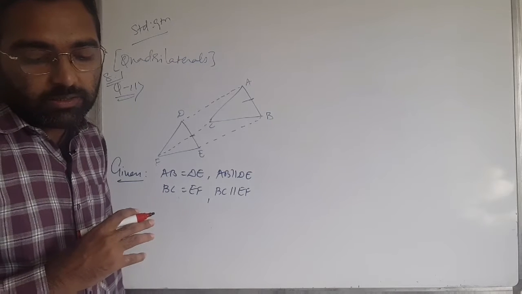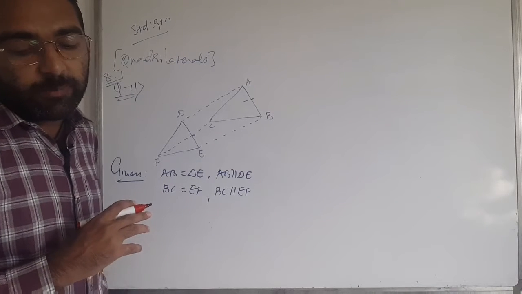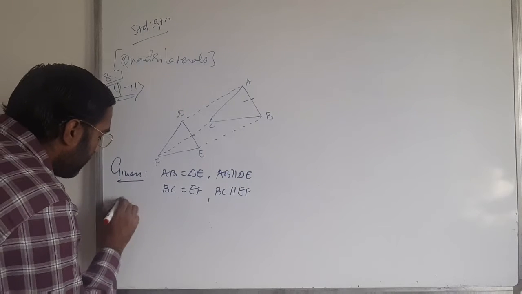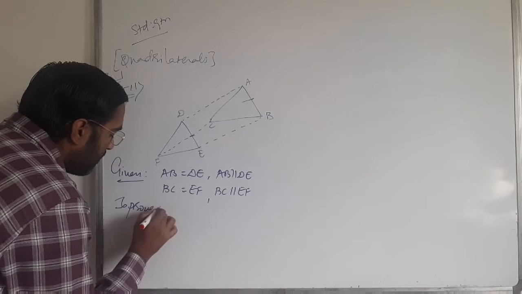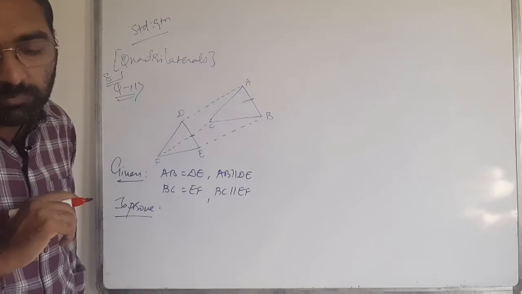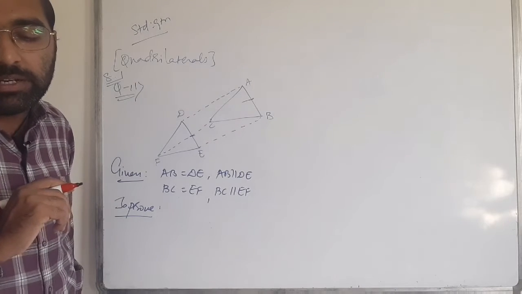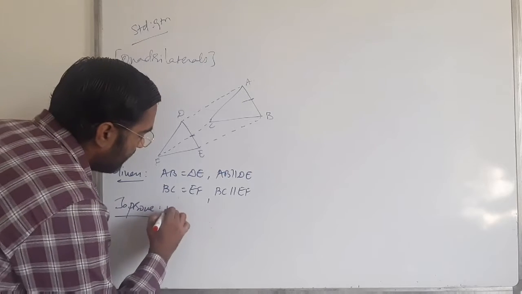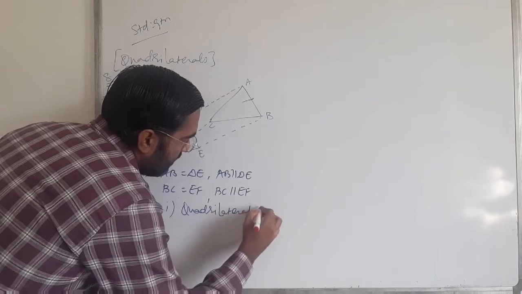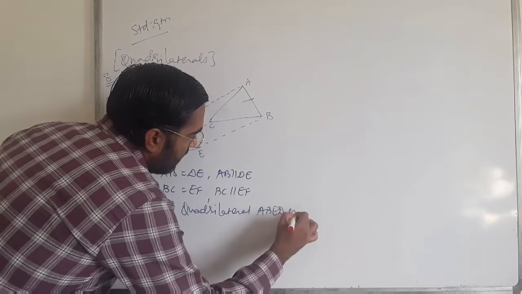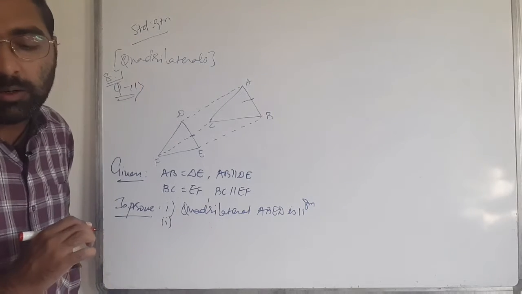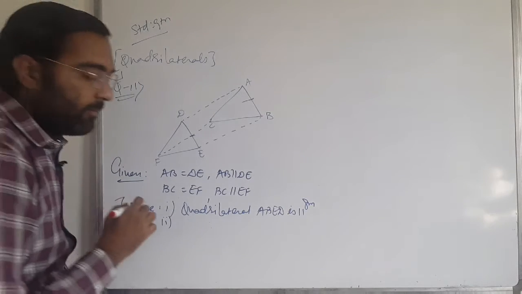And next thing given is that the vertices ABC are joined with the vertices DEF respectively, show that. There are 4 things we have to show. So to prove: first, quadrilateral ABED is a parallelogram. Second, quadrilateral BEFC is a parallelogram.